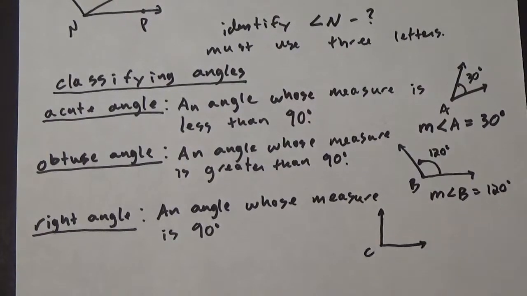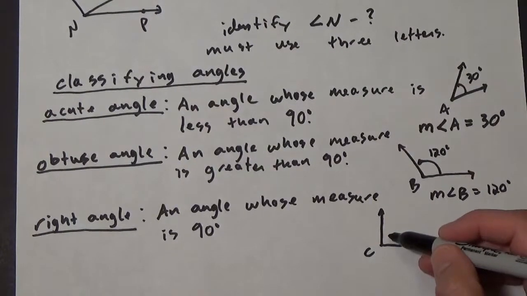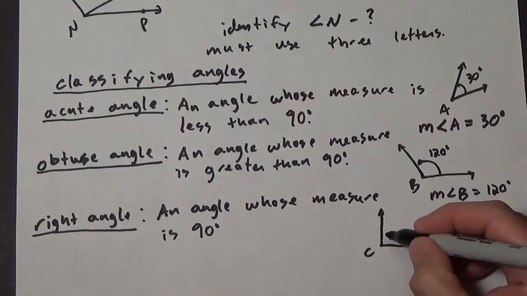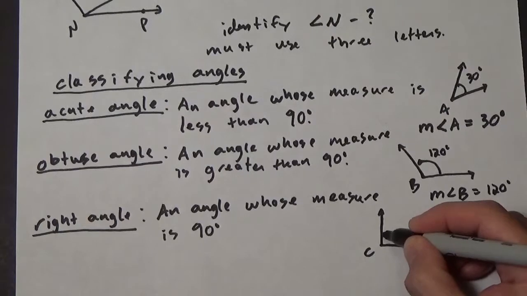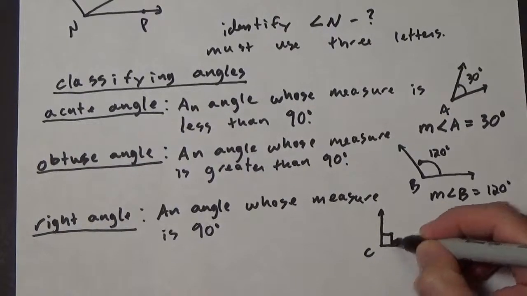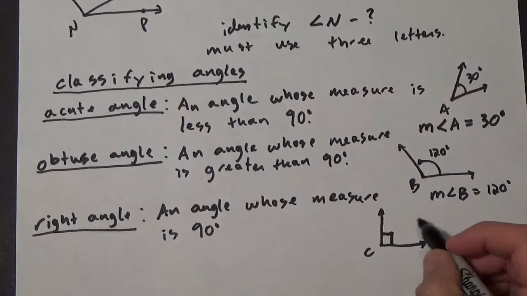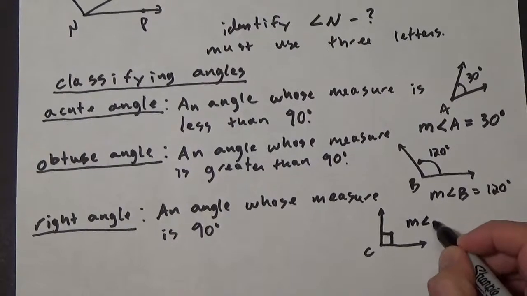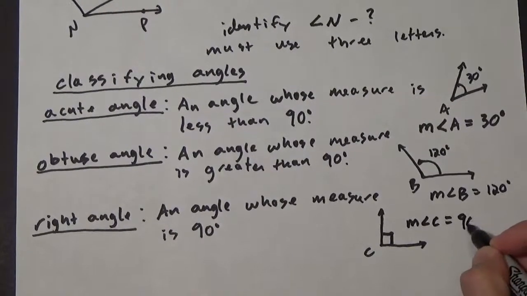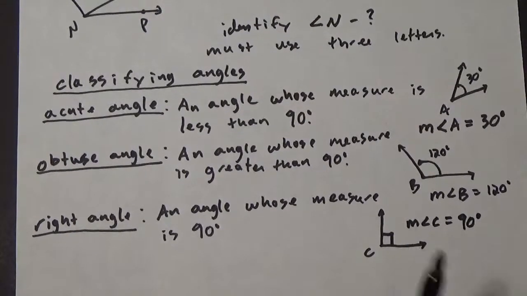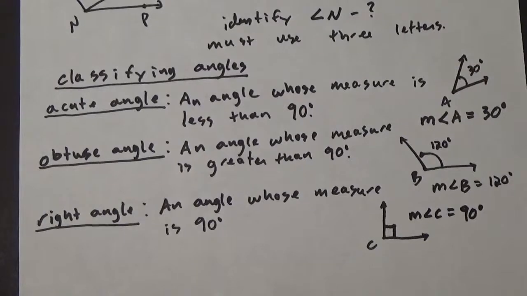Let's say we have angle C, and let's say this is 90 degrees right here. Well, 90 degrees is such an important angle that we actually give it a special symbol. We put a little box in there, and this means 90 degrees. We have to remember what that box means.